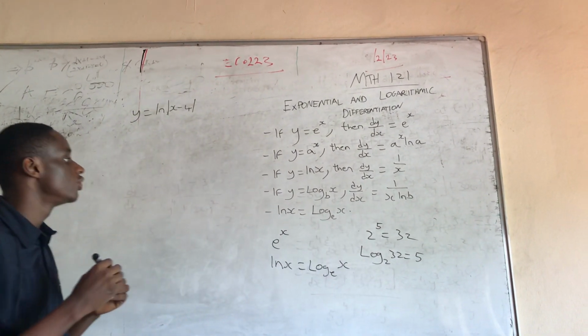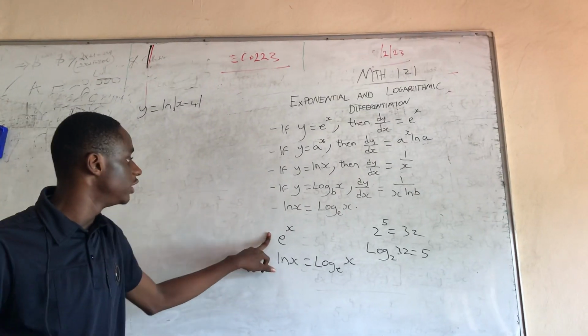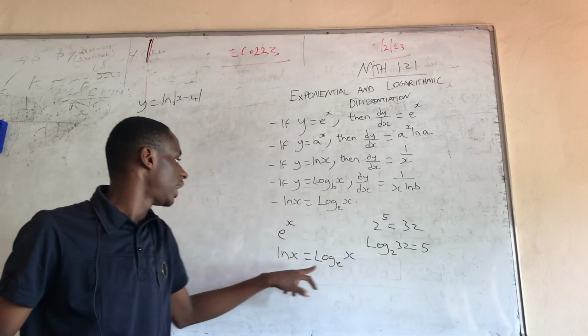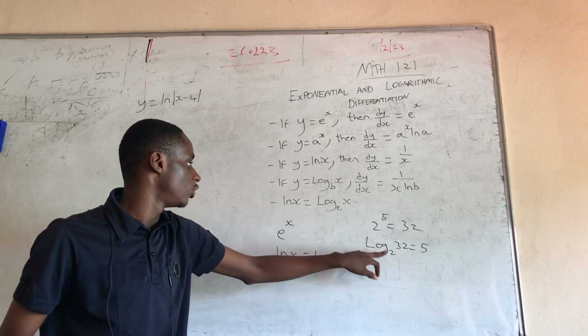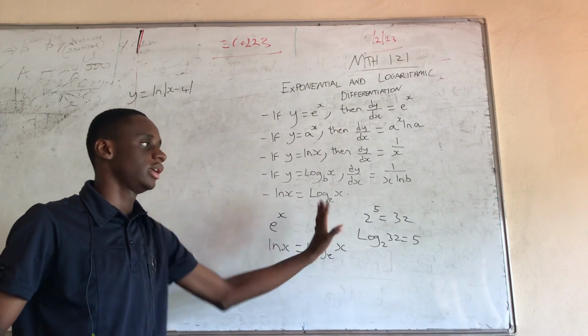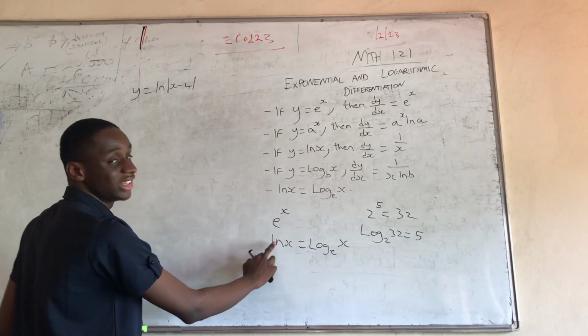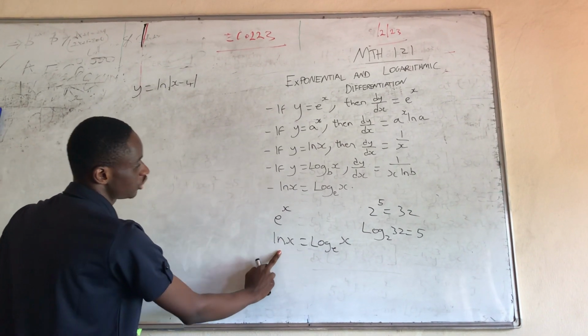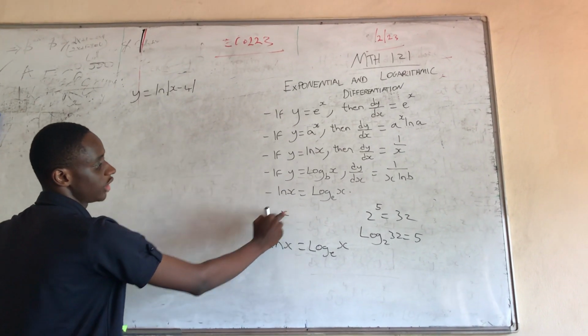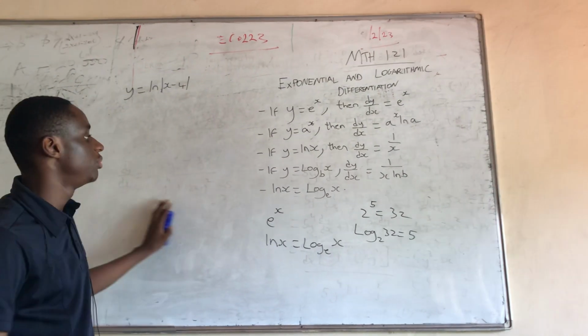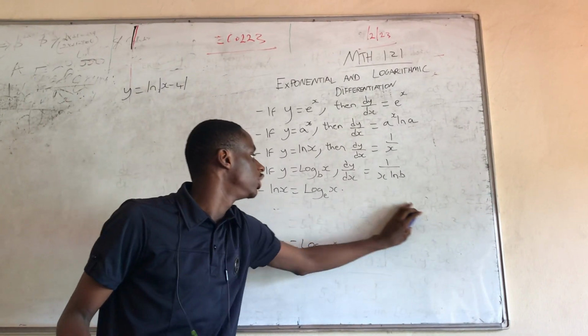So you can see it's the same thing: e raised to the power of x is this, and then log base e of x. This is called natural logarithm, and this is called exponential x. So that's just the idea behind exponential and logarithm functions.